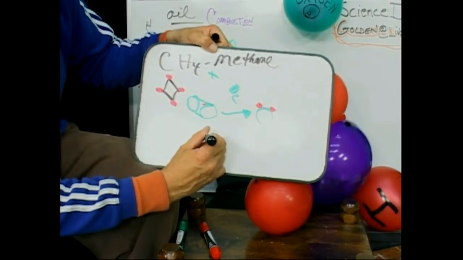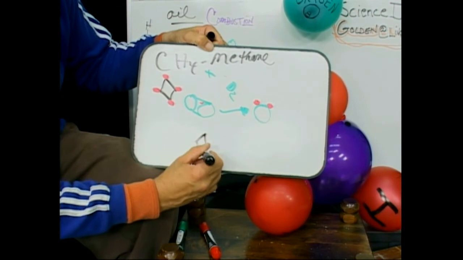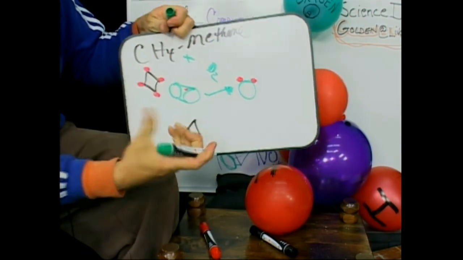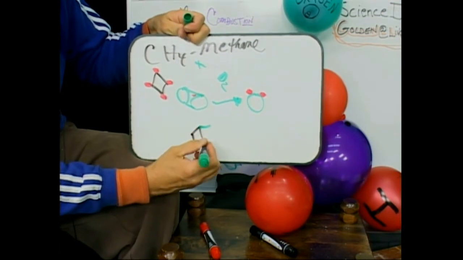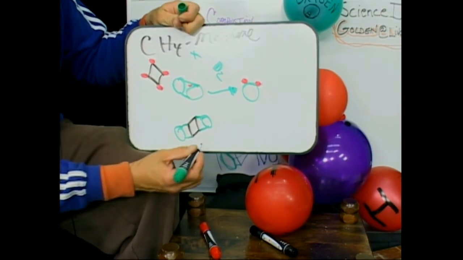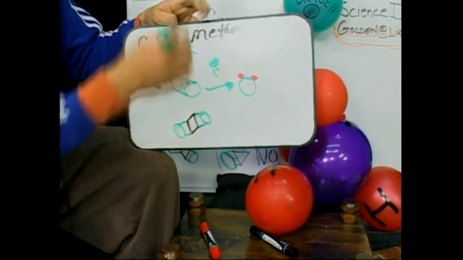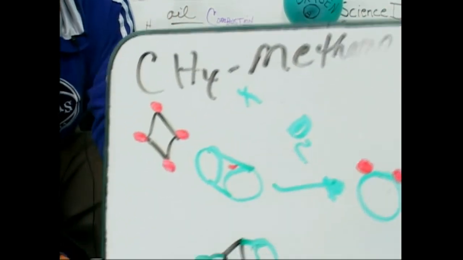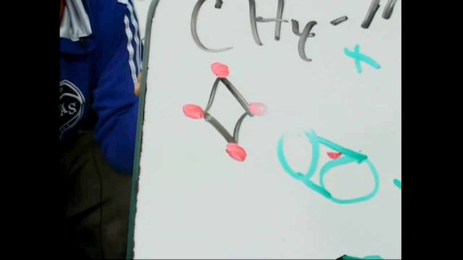So CO2 is going to be a diamond with 2 greens. There's 1, 2. This is the reaction. See if we can get this in here.